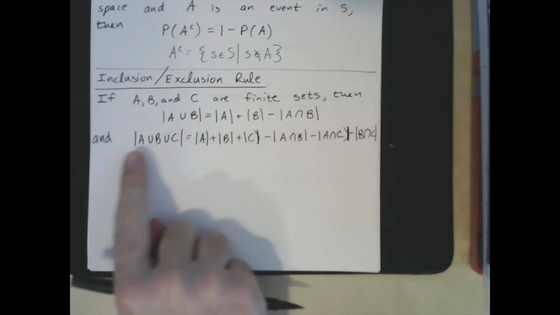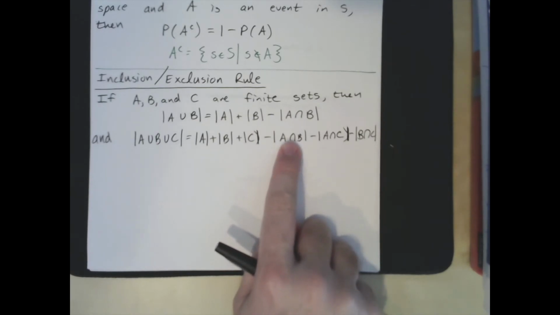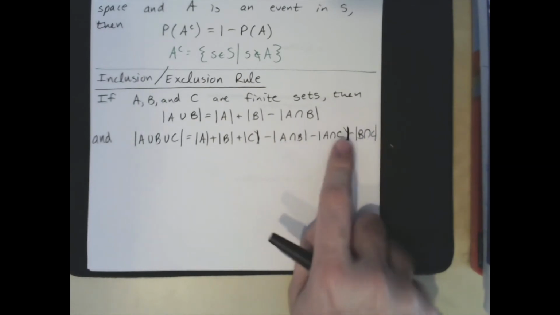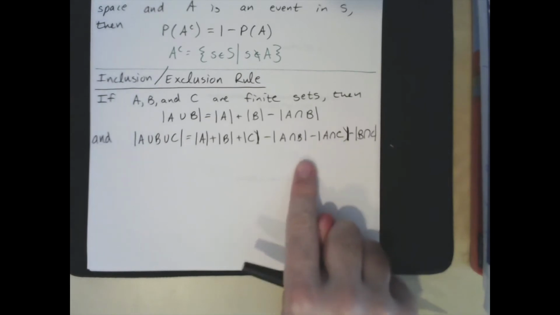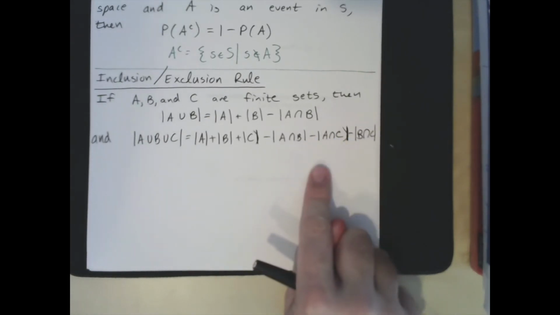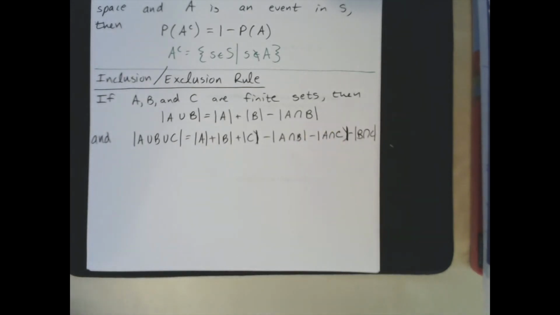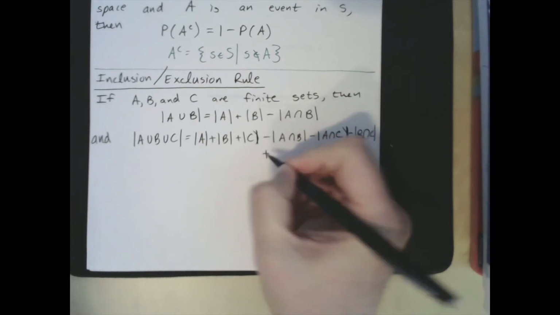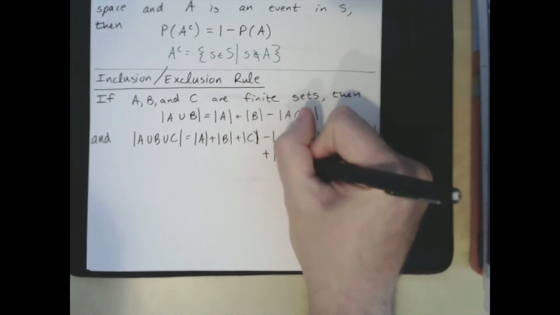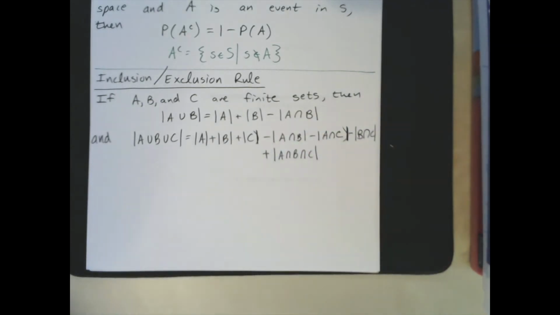Because if it's in all three sets, it's in the intersection of A and B, so one copy gets taken away. It's in the intersection of A and C, a second copy gets taken away. And it's in the intersection of B and C, so a third copy gets taken away. So now we're not counting that element at all. So to handle that, we add back in the number of things in A intersect B intersect C. They're in all three.